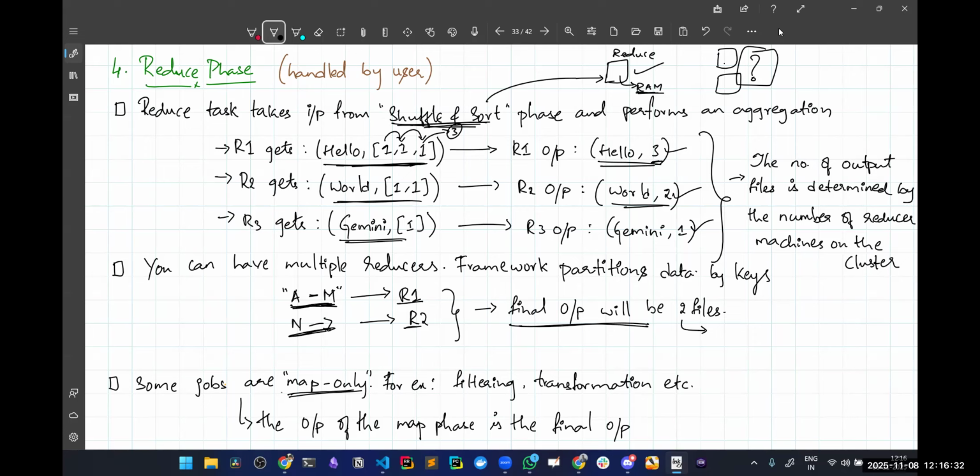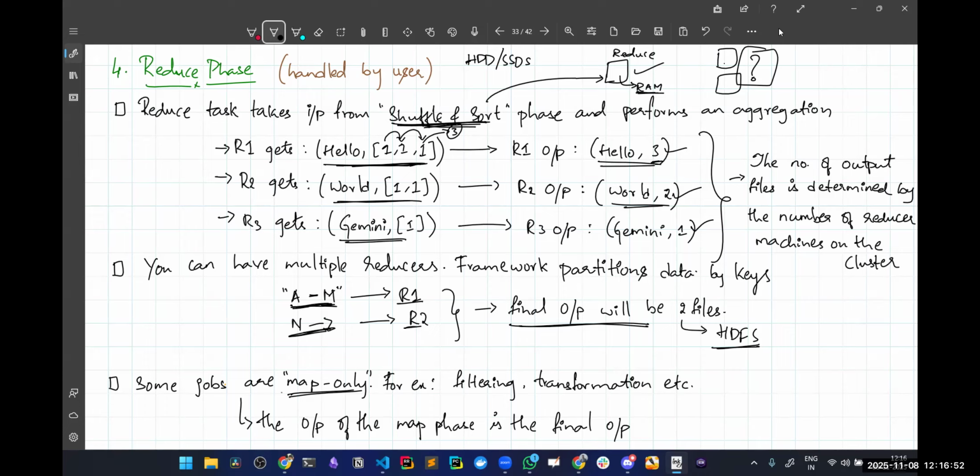These files will be stored in our HDFS. The intermediate files received from shuffle and sort, or the intermediate mapper output, are stored on the internal hard disks or SSDs of the nodes.